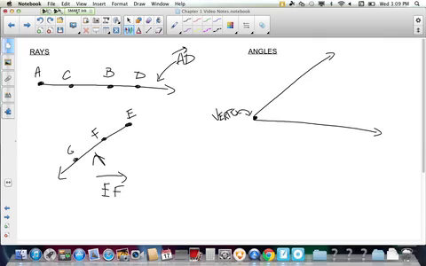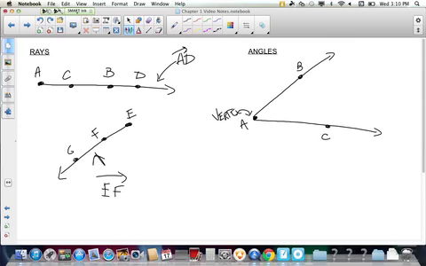We'll give it a letter here, A. That endpoint where those two rays meet is called the vertex. So that's an angle. An angle is two rays that share an endpoint.